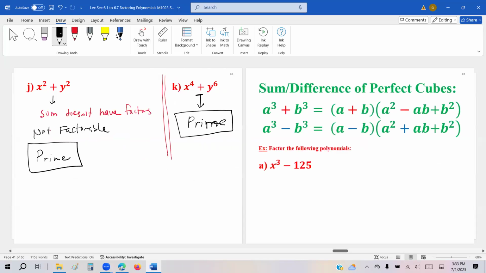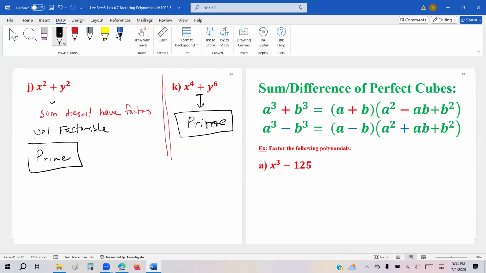Let's see what's next. Two rules that are not important for the exam, but they are in the homework and quiz. So you don't have to memorize them. You can just have them in front of you when you do the homework. These are called perfect cube rules.